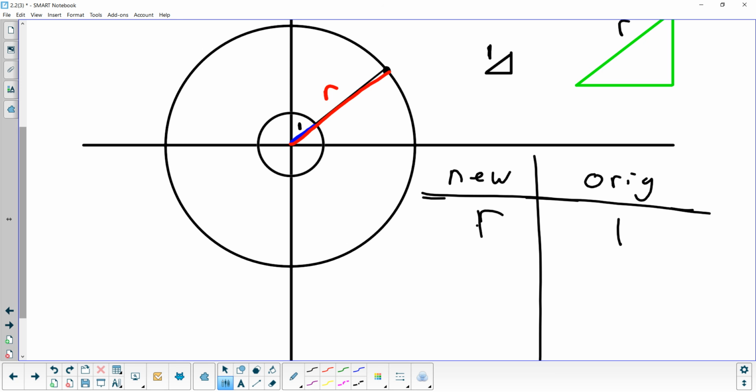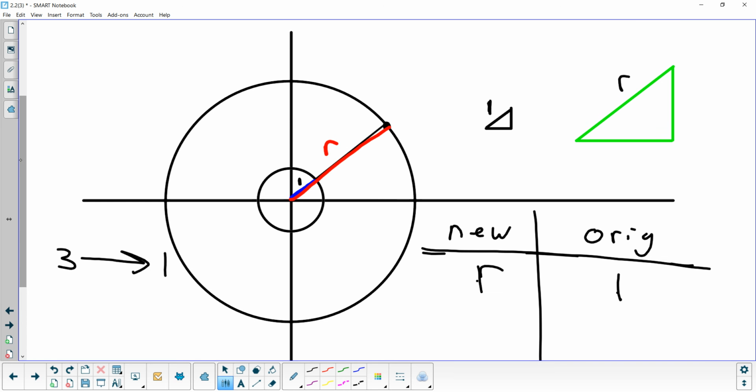How can you change R into 1? That's what we basically want to do. We want to change R back to 1. We don't want it to be R. We want it to be 1. And if you're not sure, think about if the radius was 3 in my new circle, and I want to change it back to a 1.